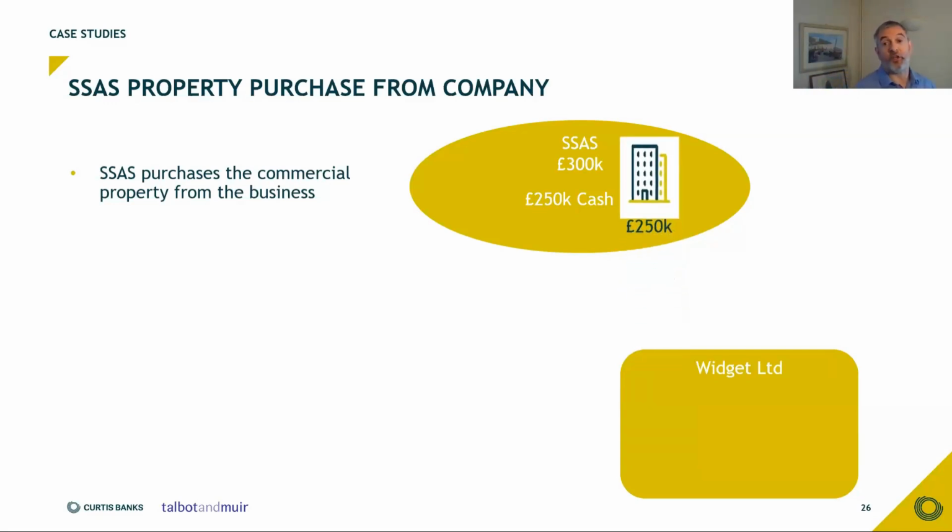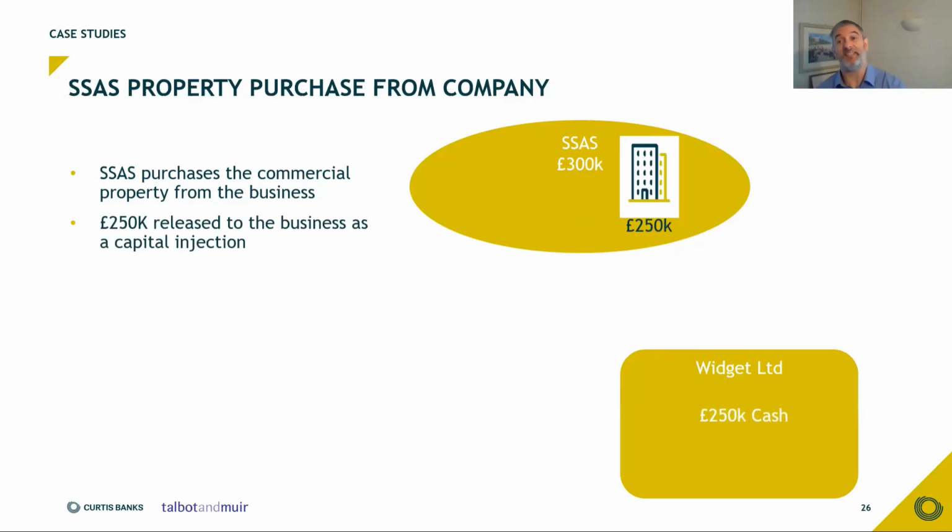So in order to release capital, rather than necessarily going to a bank or other lender and having to borrow money and pay interest to a third party, if the directors have a SSAS in place, the SSAS could purchase the property from the company. It's a connected transaction, but it's not an issue. That's absolutely fine. The SSAS now owns the property, and the cash is now injected into the business for the business to use for whatever it needs to invest in to develop and expand the business.